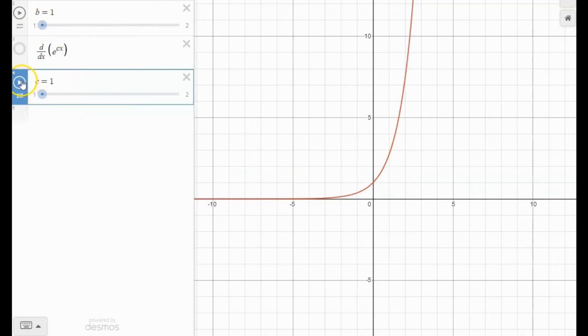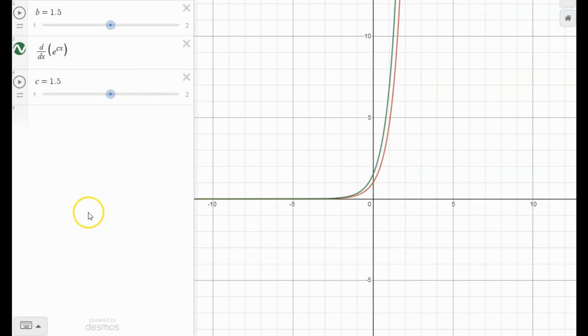Okay, and if I turn on the other one, you can see when b and c are both 1, they are identical. Well, what about when they're both 1.5?